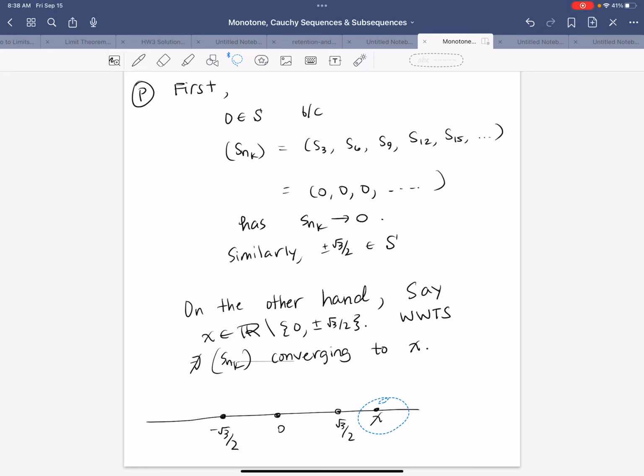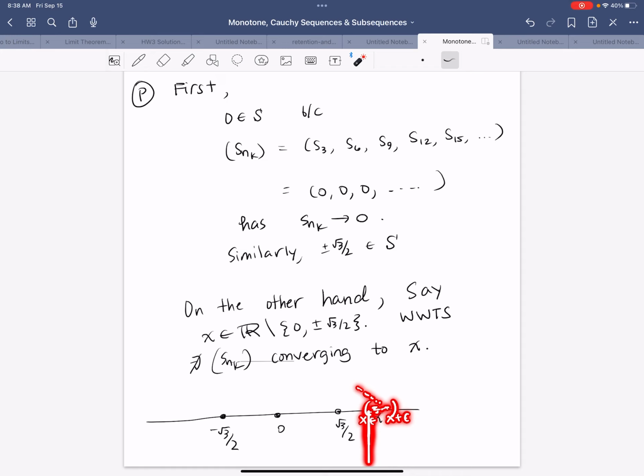Then I can find an epsilon ball centered at X, and this epsilon ball will have no elements of Sn. So if I have an epsilon ball centered at X, X minus epsilon to X plus epsilon, and it contains no elements of Sn, then no subsequence is here, right?